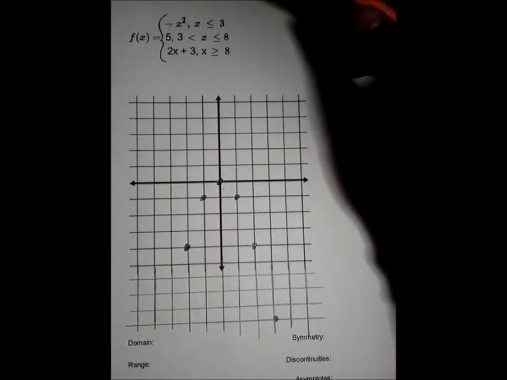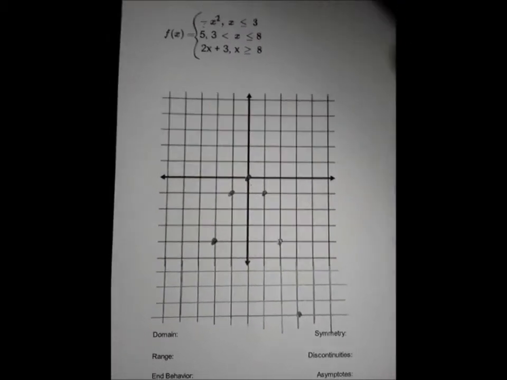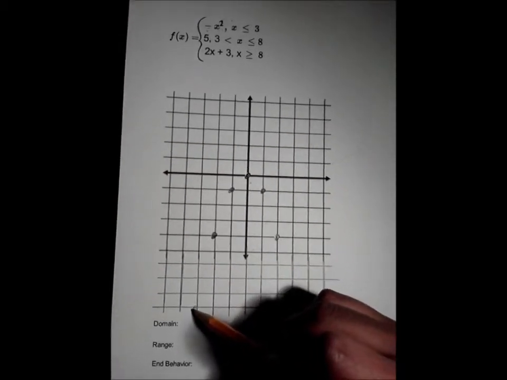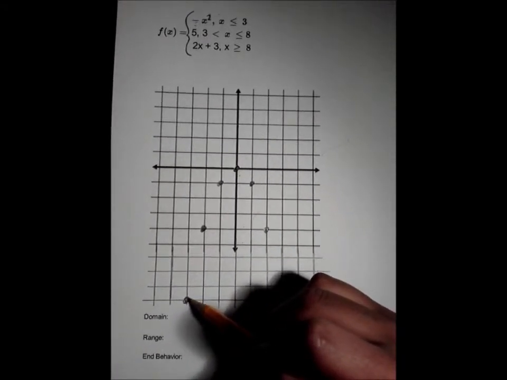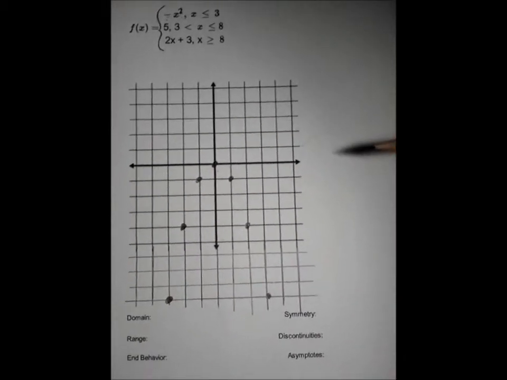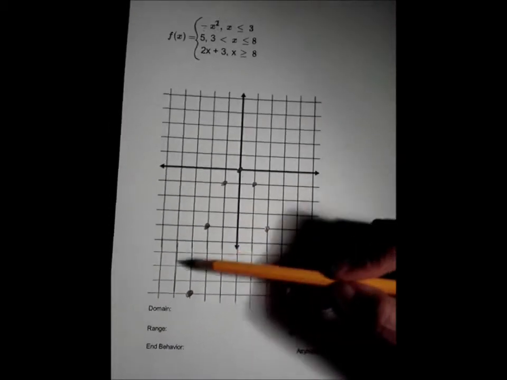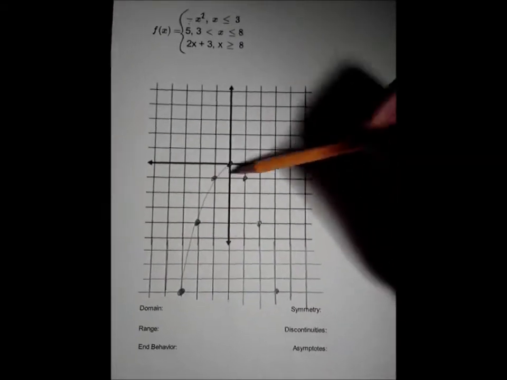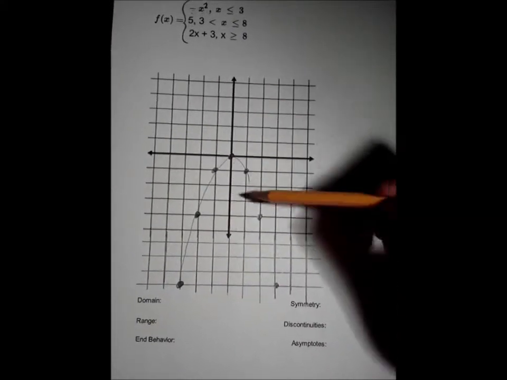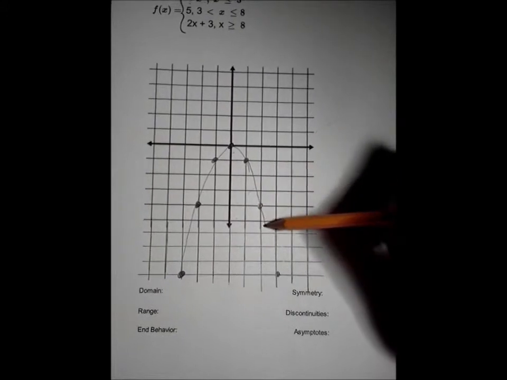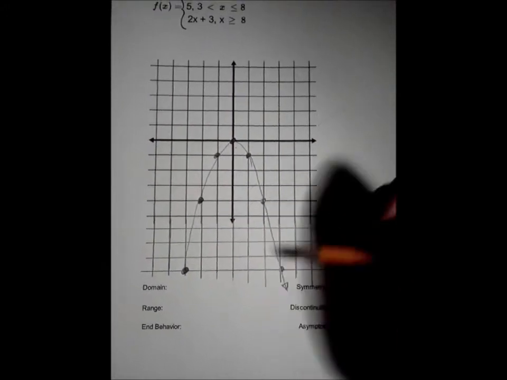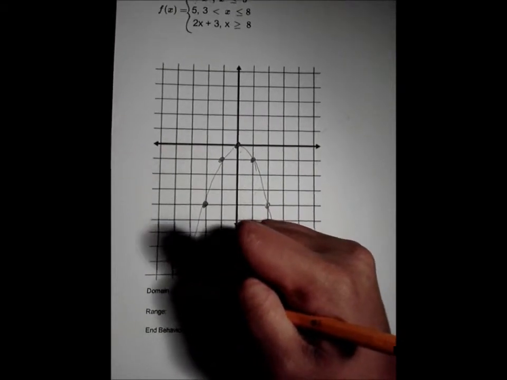You add the negative, which is negative 9. So at negative 3, you're going to go all the way down to negative 9. Finally, you graph it. You add the lines to it. And here's your first part of the function.